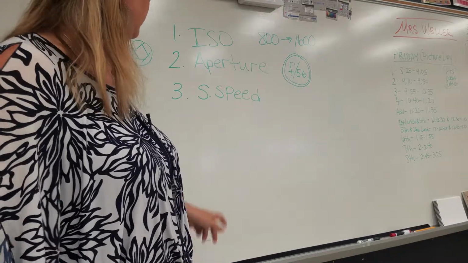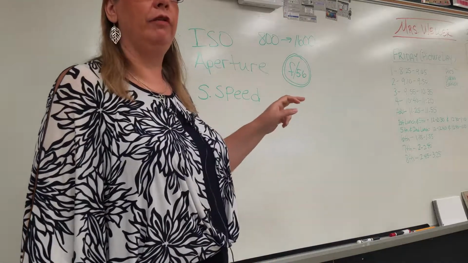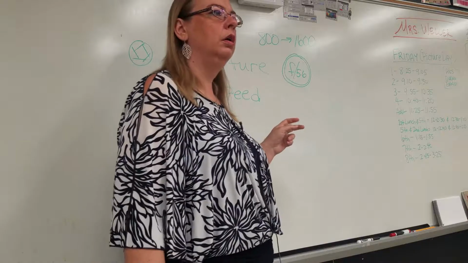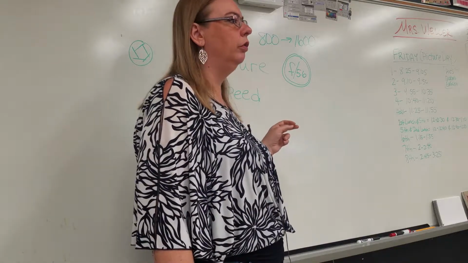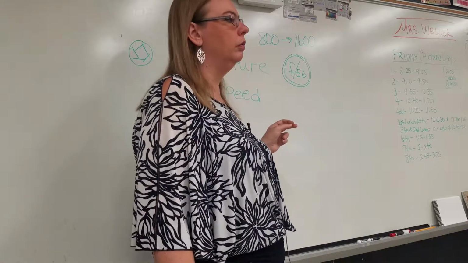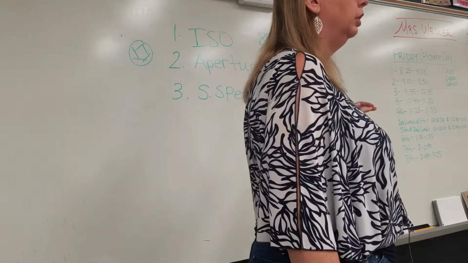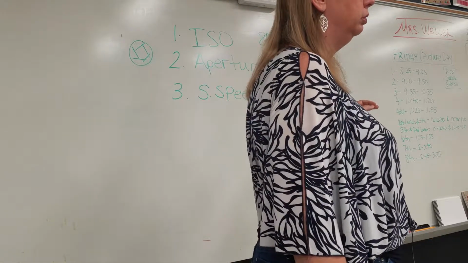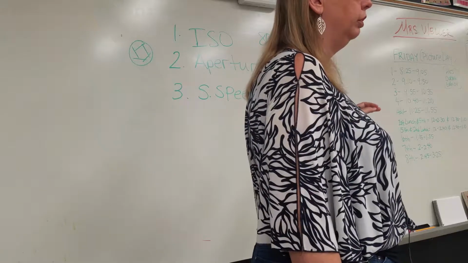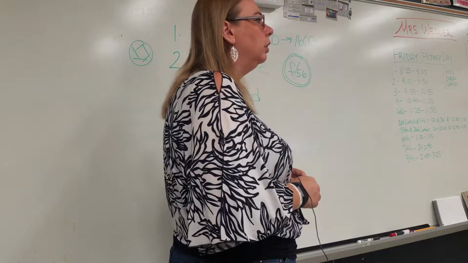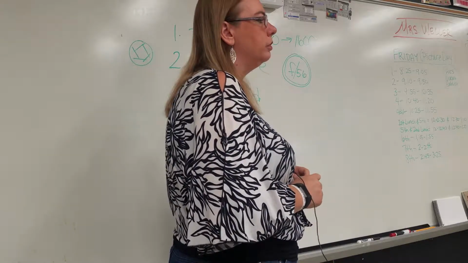What kind of numbers do you guys have? F5.3. What do you got? What's somebody else have? Tyler, yours isn't open all the way. Press the button, scroll the wheel. There you go. Now what do we got? 3.8. What do you got, Carlos?